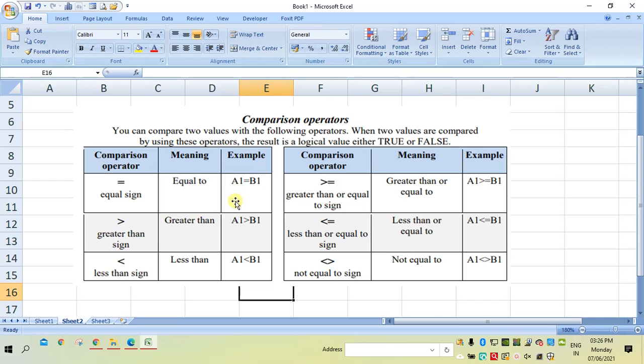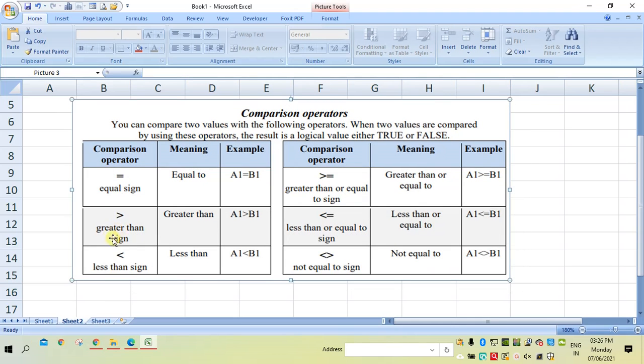This one is the greater than symbol, which is used to check whether the cell content is greater than another cell's content. Similarly, this is less than, which is used to compare two cells to check whether the number or content of a cell is less than the other.